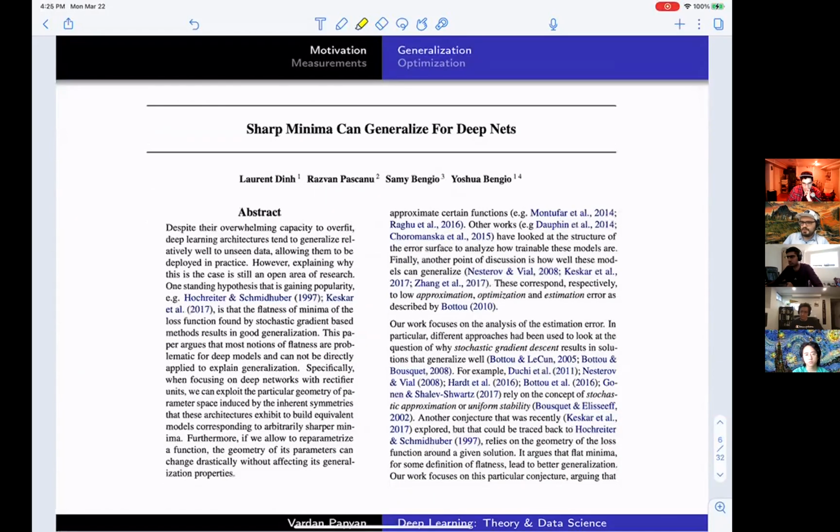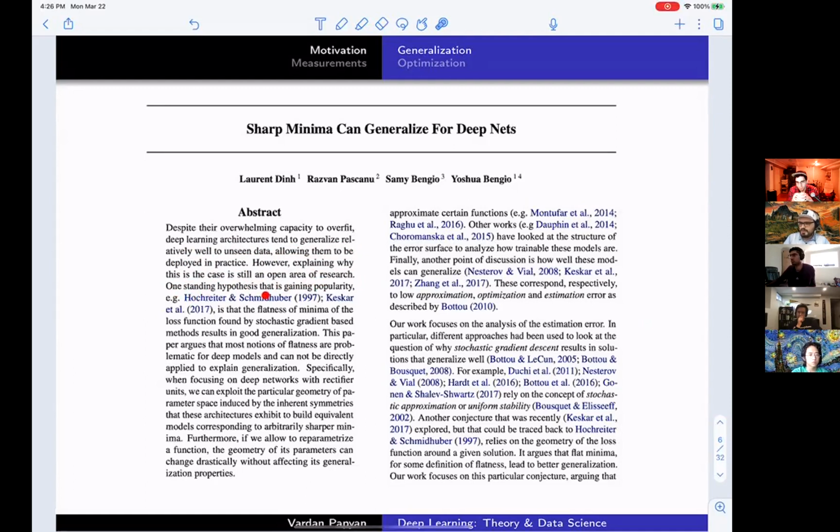Here's another paper. This paper is called Sharp Minima Can Generalize for Deep Nets. So this paper is saying, hold your horses. So let's read their abstract. They're saying, despite their overwhelming capacity to overfit, deep learning architectures tend to generalize relatively well to unseen data, allowing them to be deployed in practice. However, explaining why this is the case is still an open area of research.